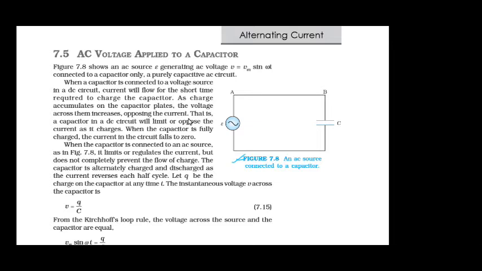That is, a capacitor in a DC circuit will limit or oppose the current as it's charged. When the capacitor is fully charged, the current in the circuit falls to zero. This happens in a DC circuit.